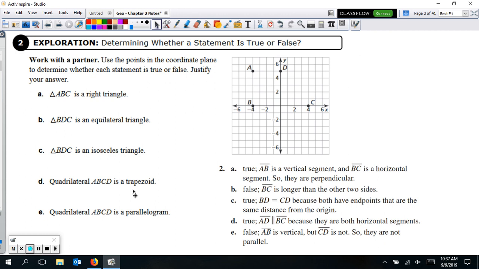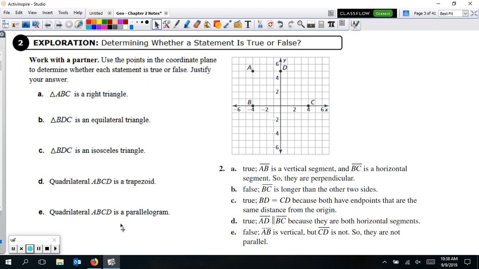AD and BC are both horizontal lines, so those are parallel. These two are not parallel. AB is vertical, D to C is definitely not vertical. So that would make it a trapezoid. Yes, this is true.